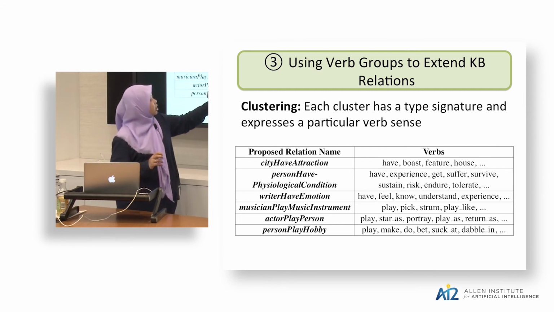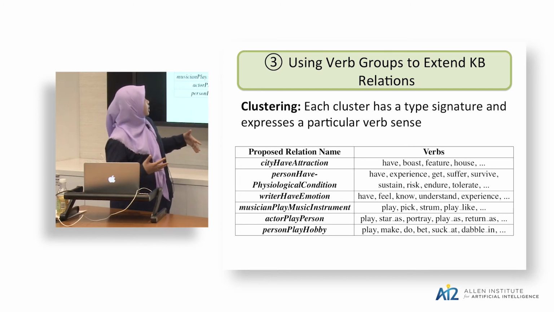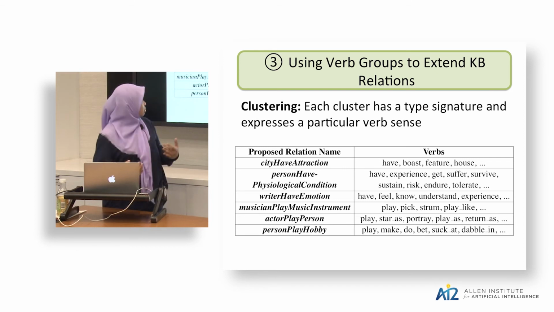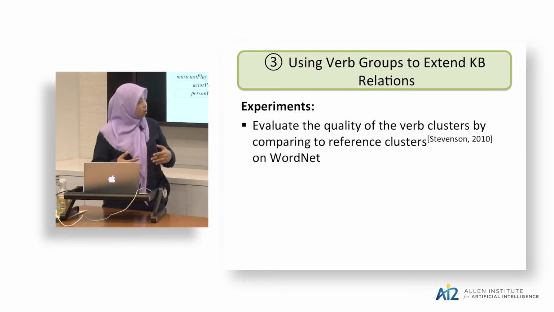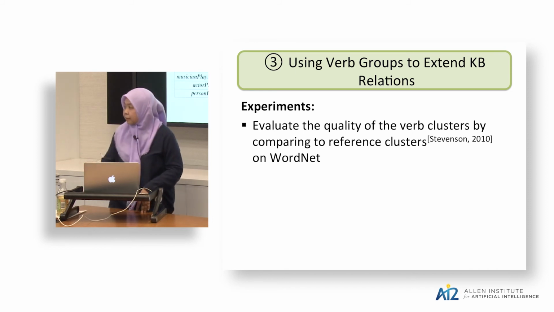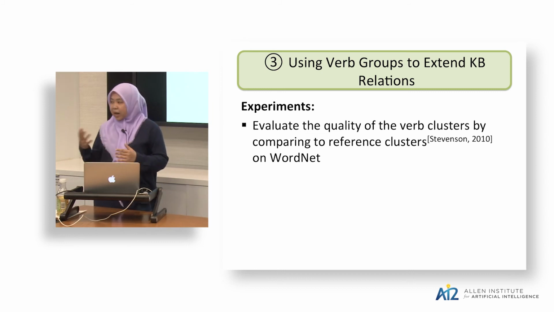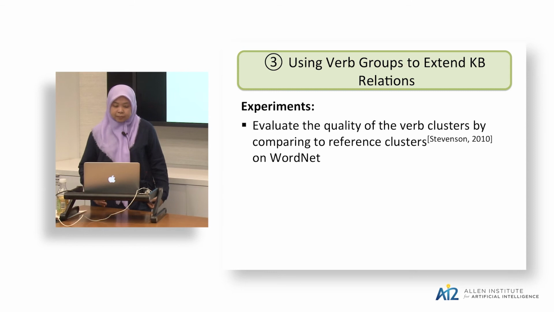Like this is possession, this is experiencing something or feeling something, as well as play. Somebody can play a musical instrument, or act as someone, or play a hobby or something. So those are the things we learned, that by adding types, we can actually get a better representation of verbs.